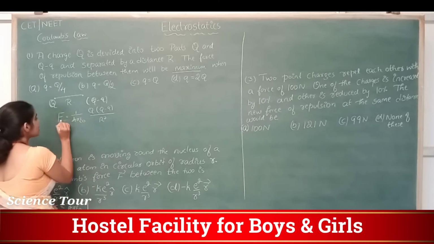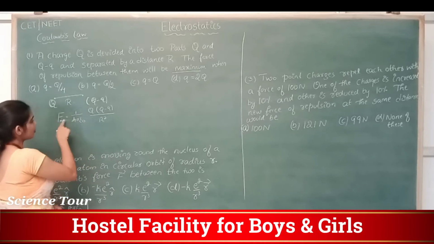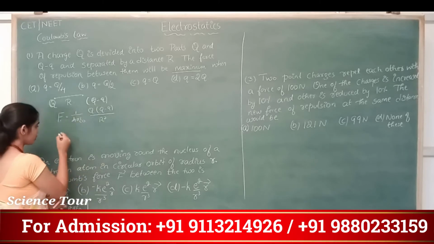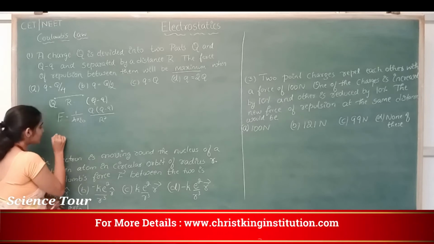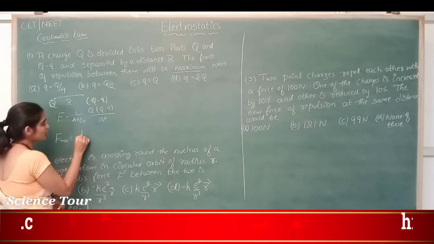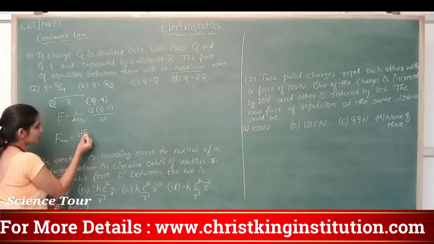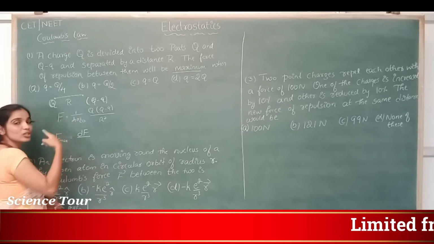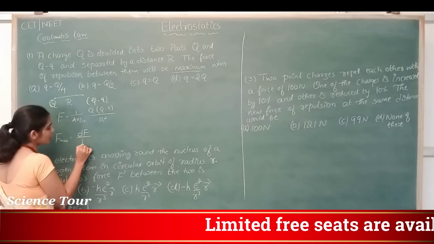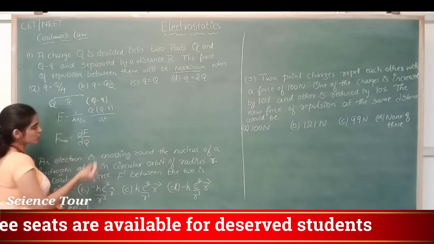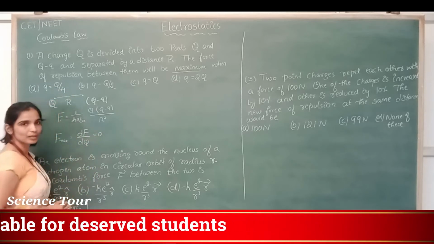But now since they said it is the maximum force of repulsion, remember always, I did not mention this in the synopsis: when the force is maximum, the differentiation of that force with respect to the charge will be 0.